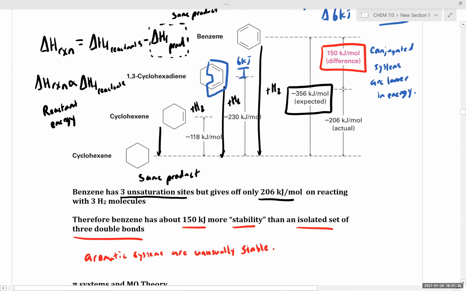But instead, for benzene, having these 3 double bonds arranged, conjugated in a ring, gives us 150 kilojoules of stabilization. Can this 150 kilojoules be explained only due to conjugation? Are these two stabilizing effects the same order of magnitude? Just looking at the numbers.